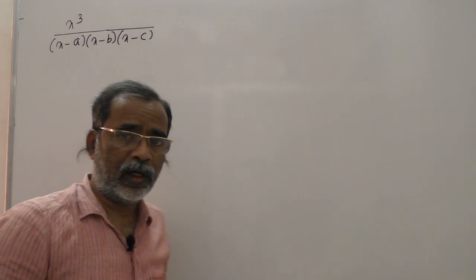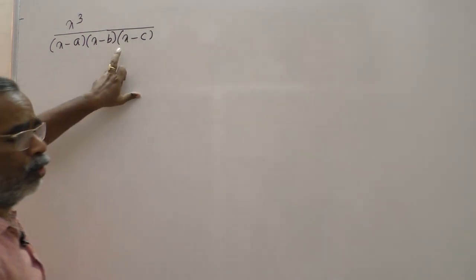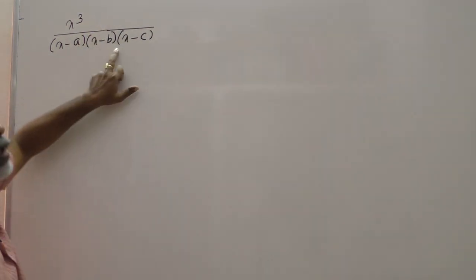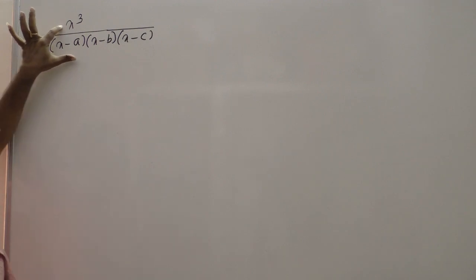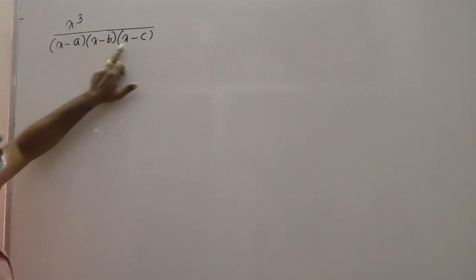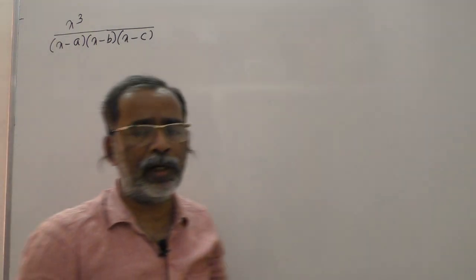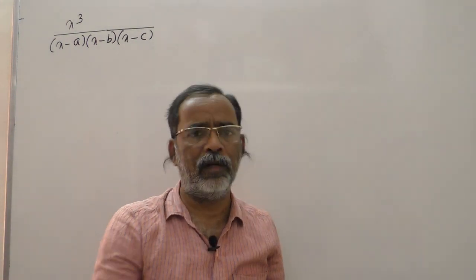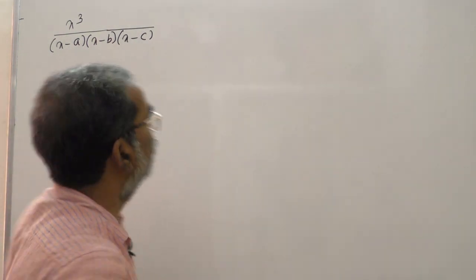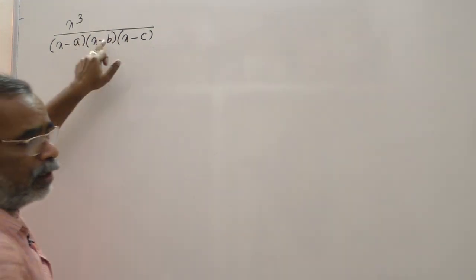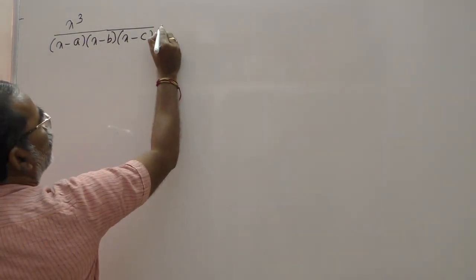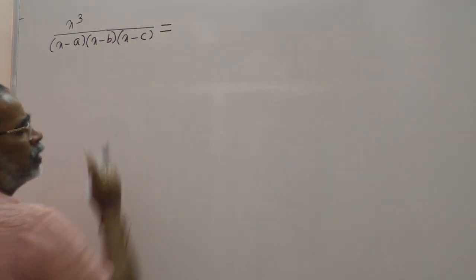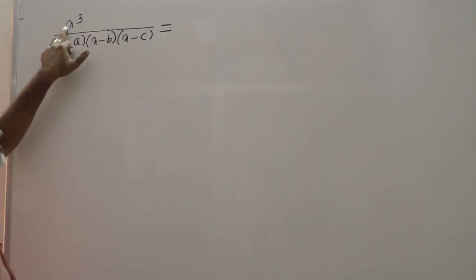Right, see another. Resolve into partial fractions. This is the fraction. Numerator's degree is 3, denominator degree is also 3. It is not a proper fraction. Division should be done. But here equal degree. In this equal degree, just now I said, you suppose this is equal to the coefficient of highest term x cube is 1.